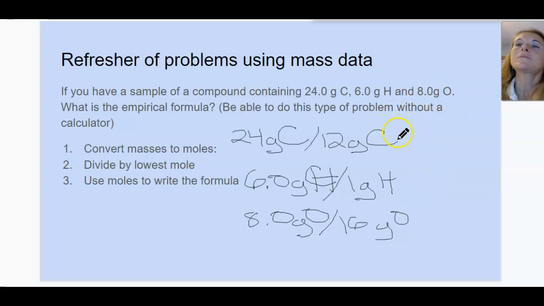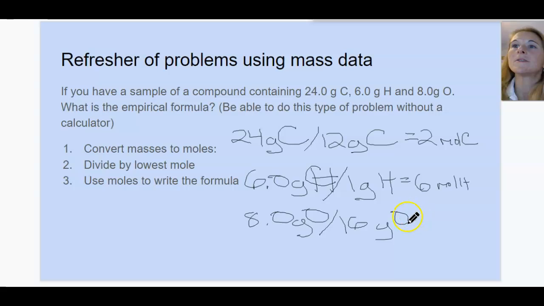All right, 24 divided by 12 is 2 moles of carbon. 6 divided by 1 is 6 moles of hydrogen.